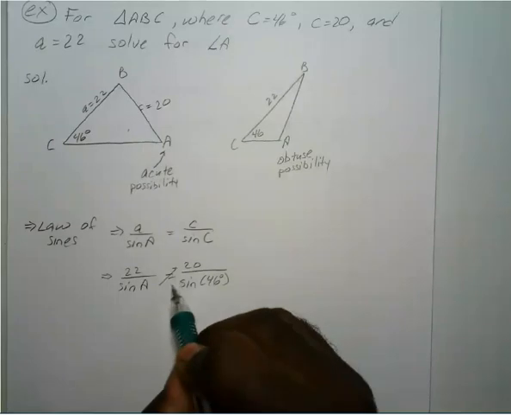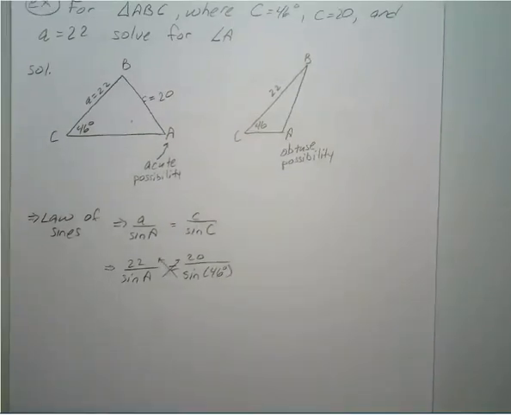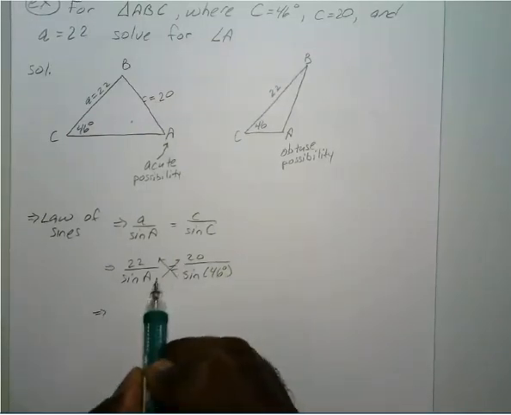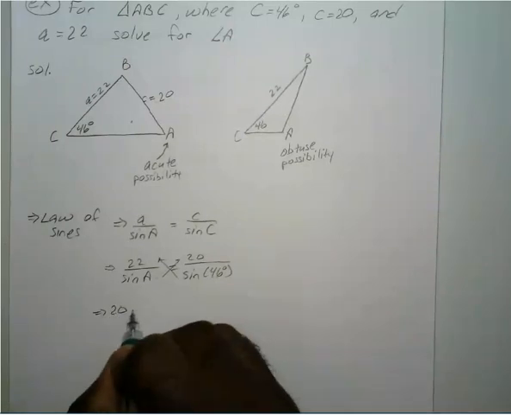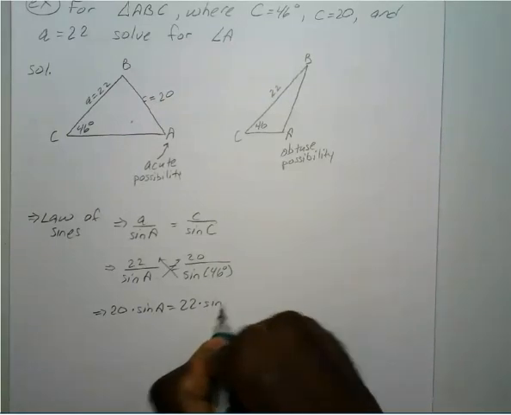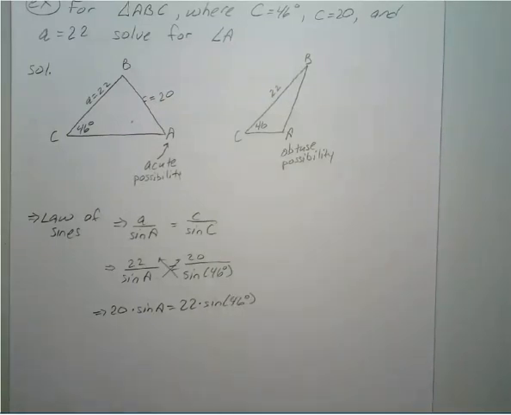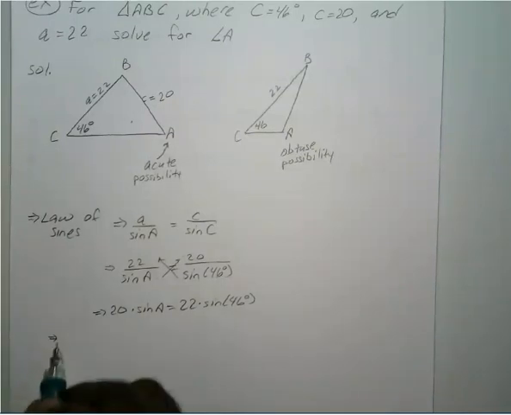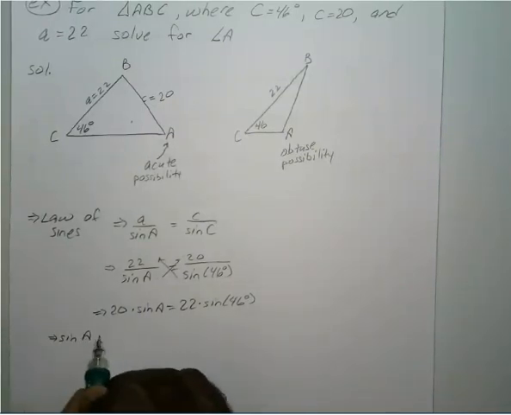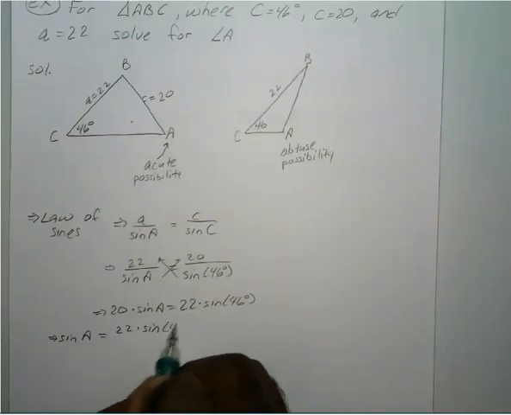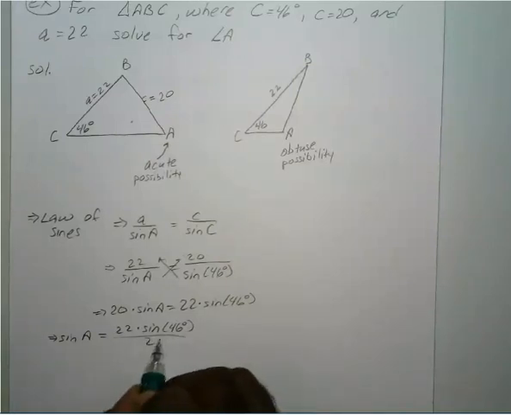And again, we cross multiply. So 20 times sine of A is equal to 22 times sine of 46 degrees. If we divide both sides by 20, we have sine of A is equal to 22 times sine of 46 degrees divided by 20.